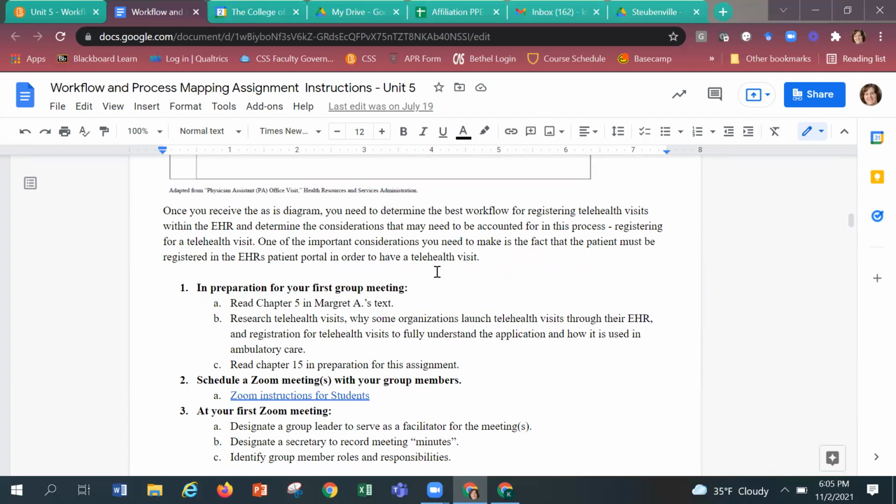One of the important considerations you need to make is the fact that the patient must be registered in the EHR's patient portal in order to have a telehealth visit, okay? That's kind of key right there, okay? And adds a little bit of complexity to just you obviously redoing this as-is workflow to accommodate just a different type of registration.